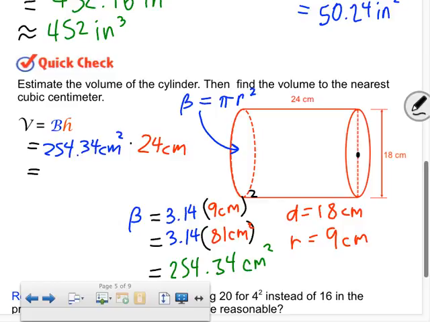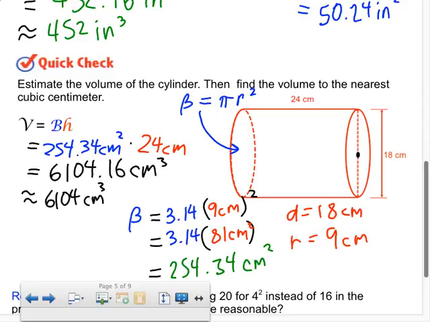No, wait, say again. I think you're close. Fatima, what'd you get? 6,104 and 1600ths centimeters to the what power? Cubed. Now, they want us to the nearest cubic centimeter, so they want us to the nearest whole number. And so what's that going to be about? Yep, 6,104 centimeters cubed.